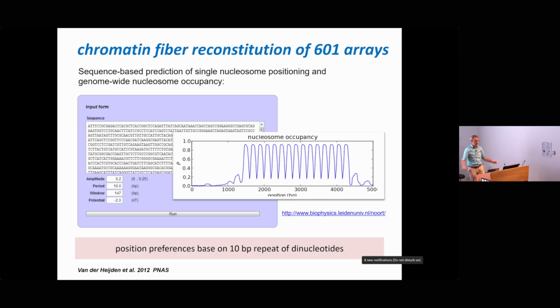And then you can use any sequence, and the cool thing about that is, and I don't have time to talk about it, but based on the sequence, you can just predict with similar statistical physics where the nucleosomes end up. And I can do that, but you can do it as well. Just go to the website, put your sequence in. There's a couple of parameters here, and then you can predict where these nucleosomes end. And this DNA sequence had a regular spacing of nucleosomes.